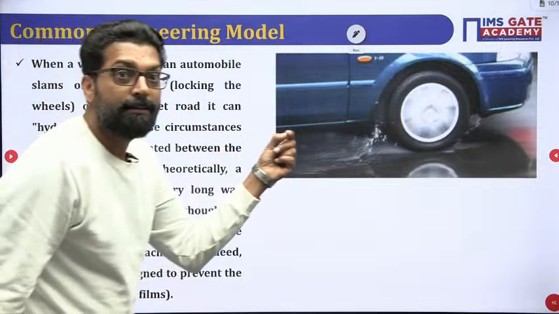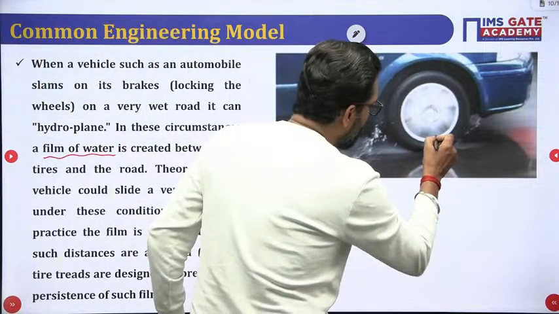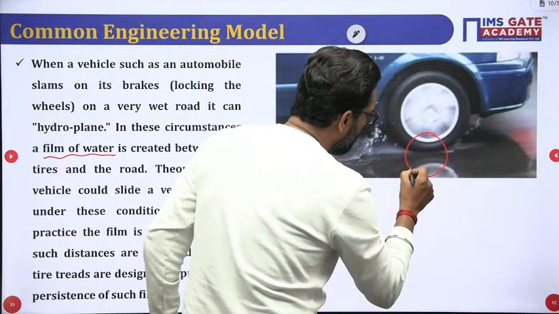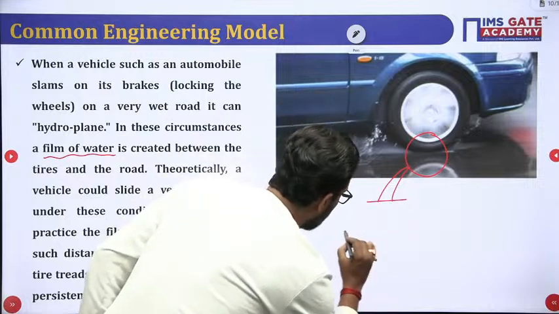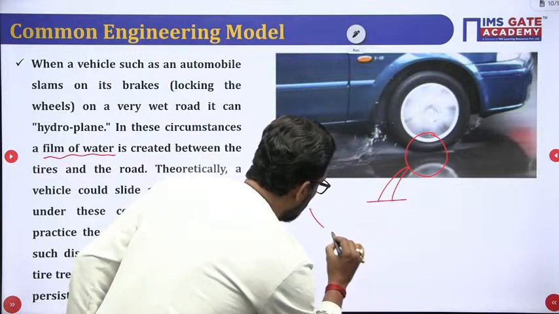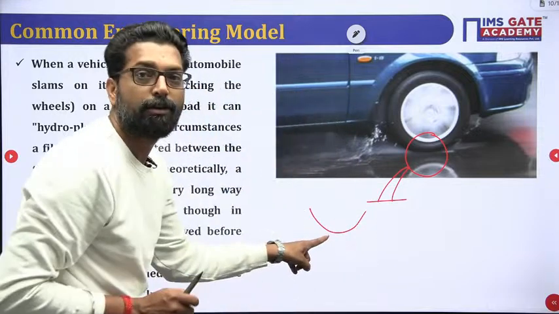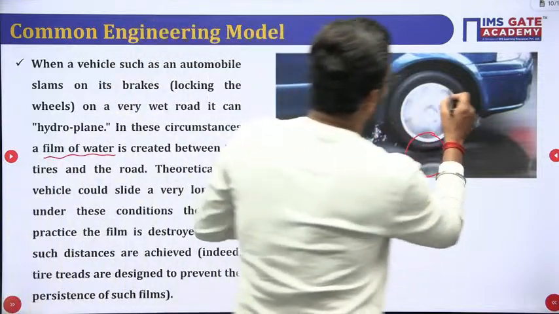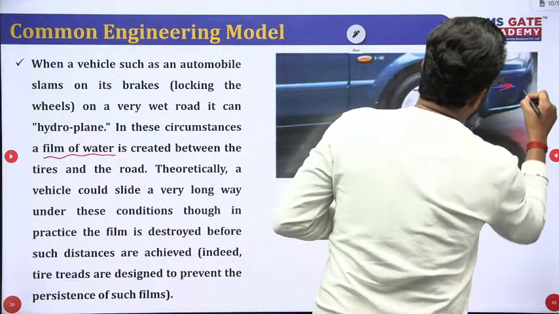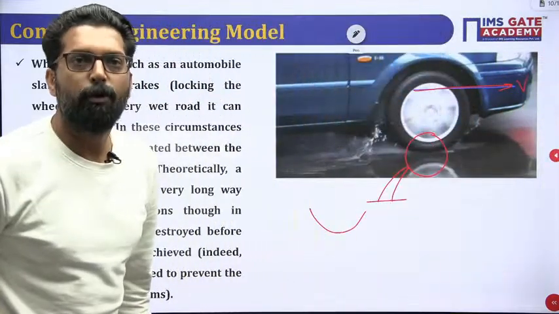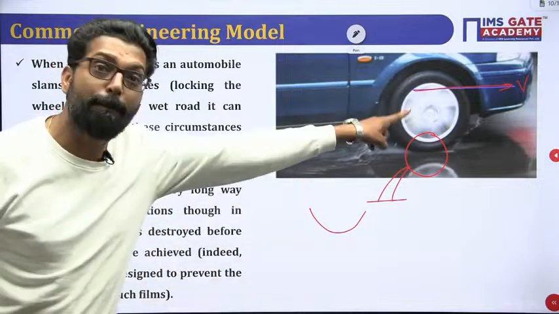If you take this view, this is your road, this is your tire, and this is the motion of the vehicle. Let's suppose V is the velocity of the vehicle after applying the brake.